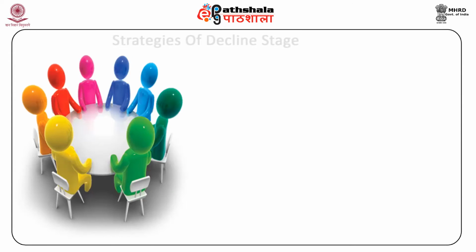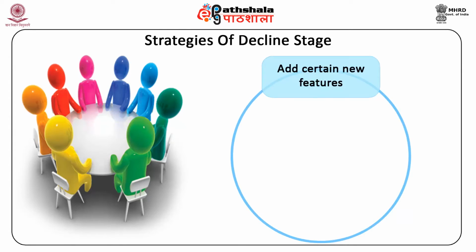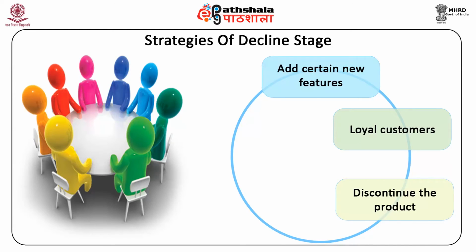As sales and profits decline, the firm can resort to the following marketing strategies. The product can be maintained in the market for some more time by adding certain new features and finding new users. Next, the company can continue to offer the product to its loyal customers at a reduced price. Next, they can even discontinue the product.